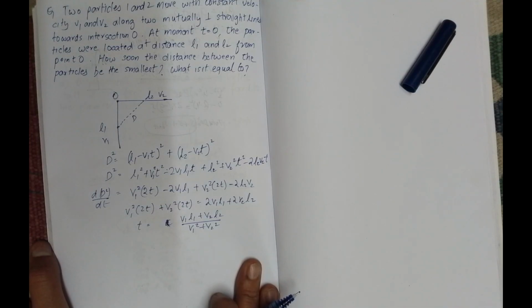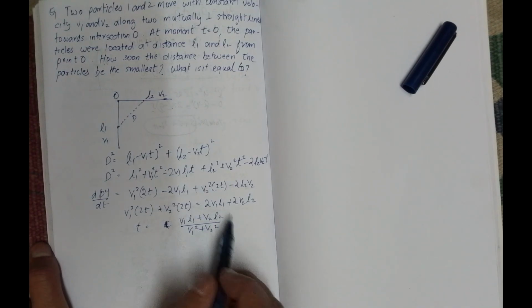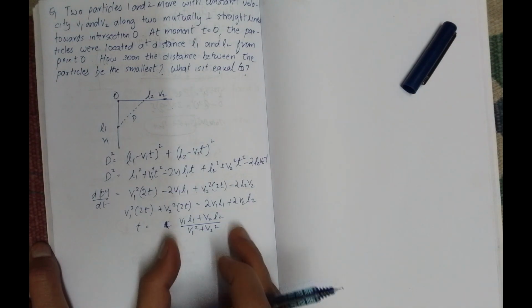We are interested only in finding the minimum value, when the distance would be the minimum. So we have just differentiated it and equated that to 0. Now that can be the maxima as well. How do we know that the value of t that we've got here is the value for the minima and not the maxima?